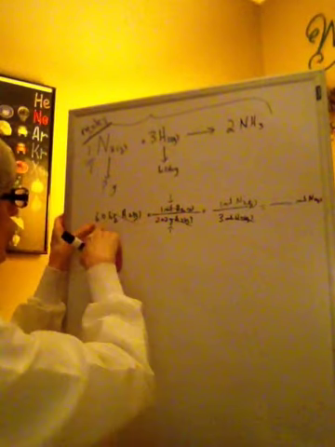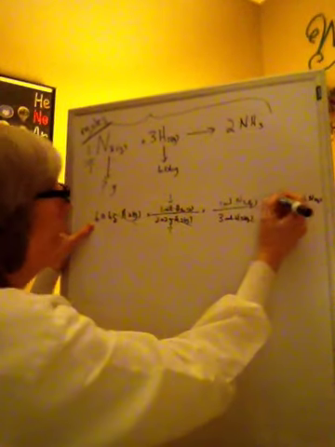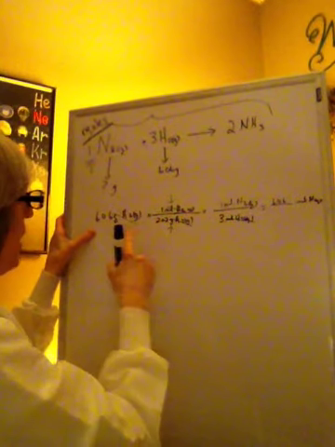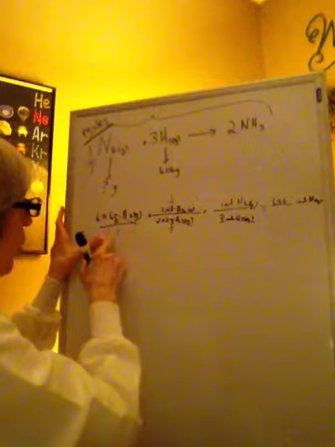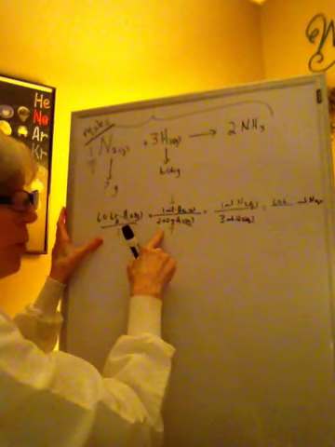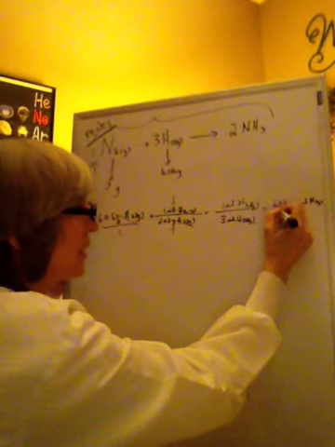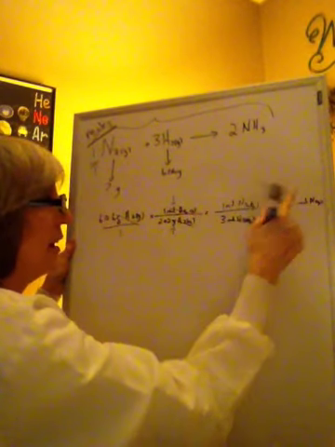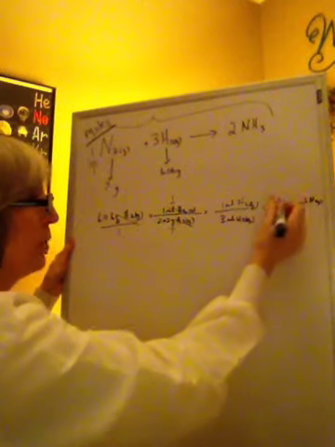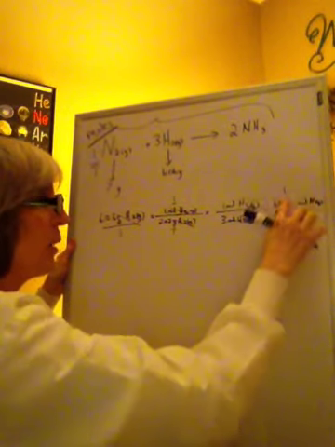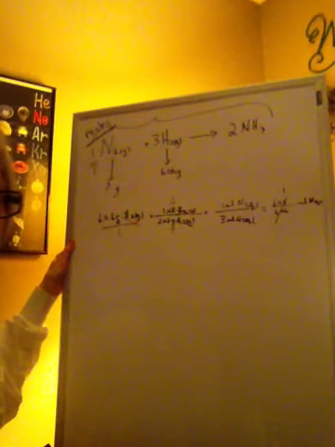In my numerator, it's 6.06 times 1 times 1. That's still 6.06. In my denominator, it is 1 times 2.02, and 2.02 times 3 is still 6.06. I don't have any units on the bottom, but 6.06 divided by itself is 1. So we have 1 mole of nitrogen gas.